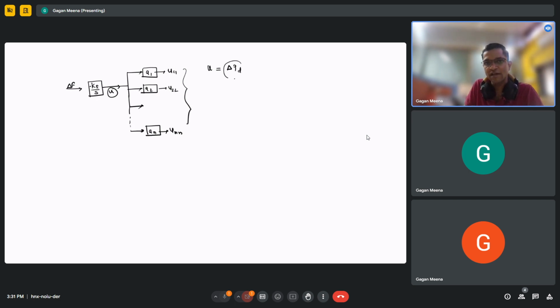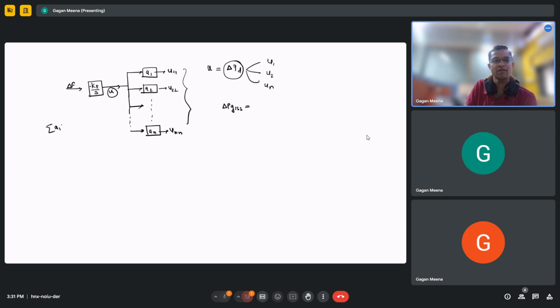So how will this delta PD be divided among different generators? This is based upon the participation factor. We already know that delta Pg1 SS is equal to A1 into delta PL, where A1, A2 up to AN are called the participation factors.